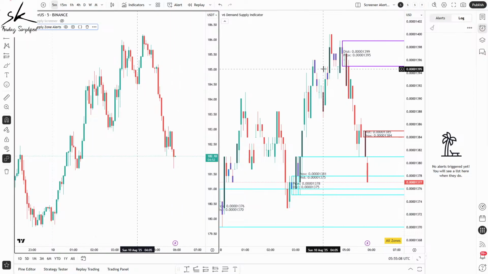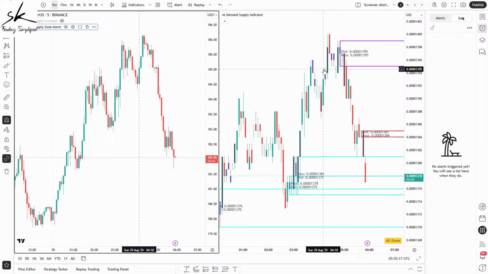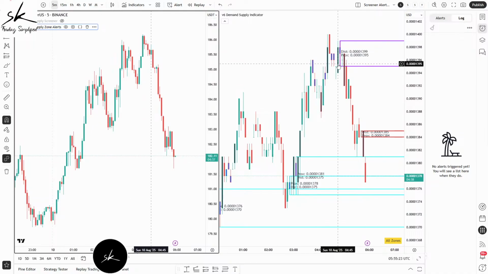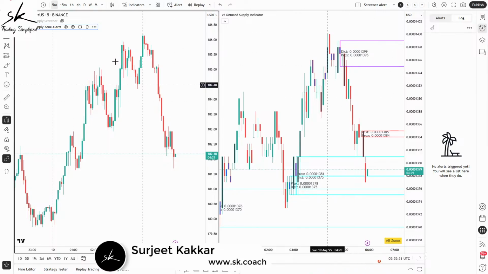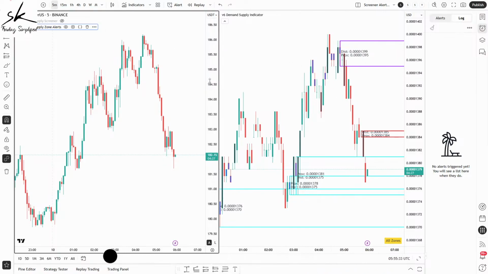Currently only the crypto market is live, so that is why I have placed the alerts on cryptos. I'll show you examples once we get notifications. So that's your alerts: they keep notifying you on the formation of demand and supply areas.